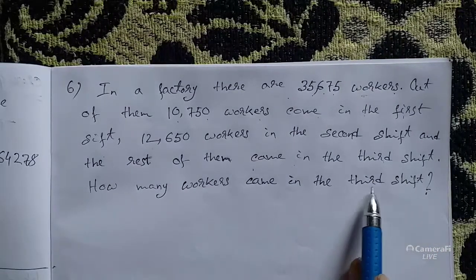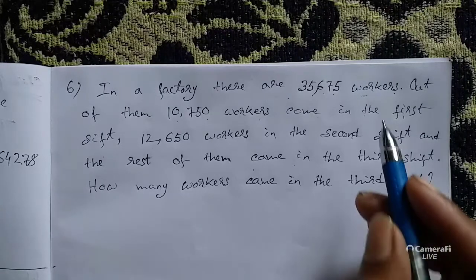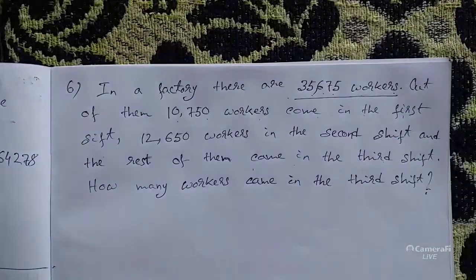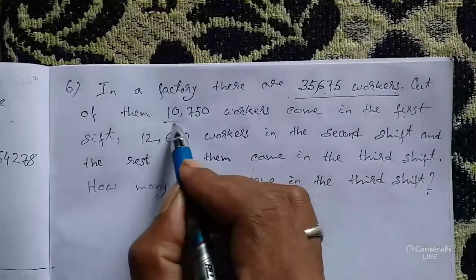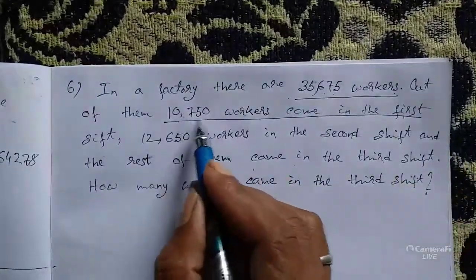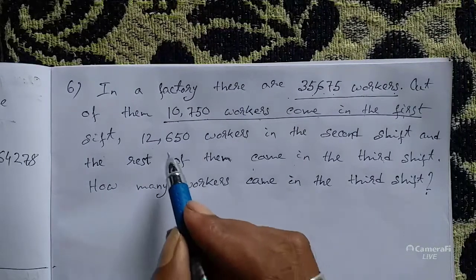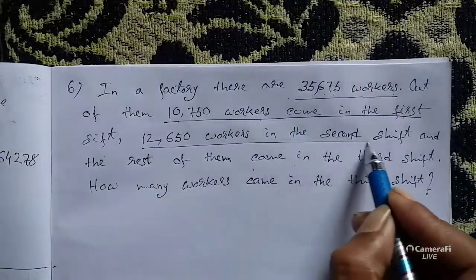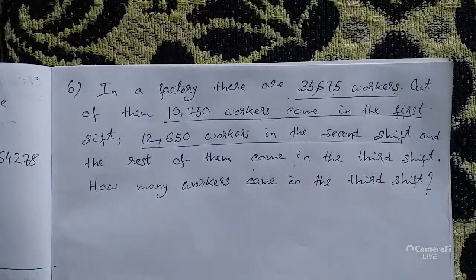How many workers came in the third shift? That you have to find. So this is the total number of workers, and the workers who come in the first shift are this, 10,750, and the workers who come in the second shift are this, 12,650.